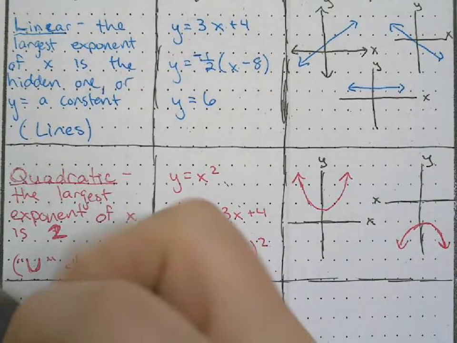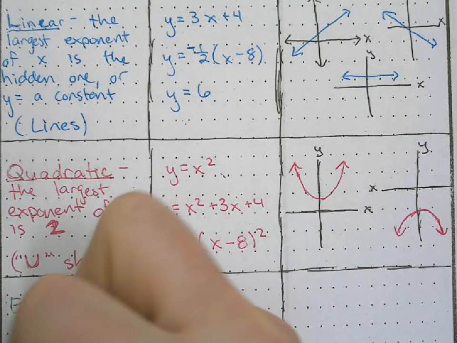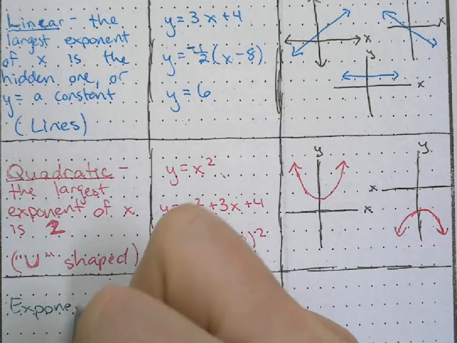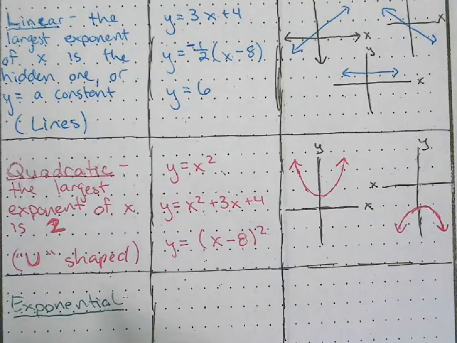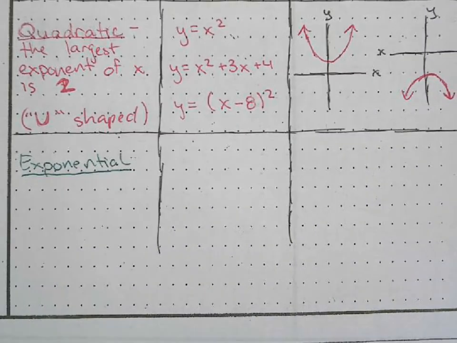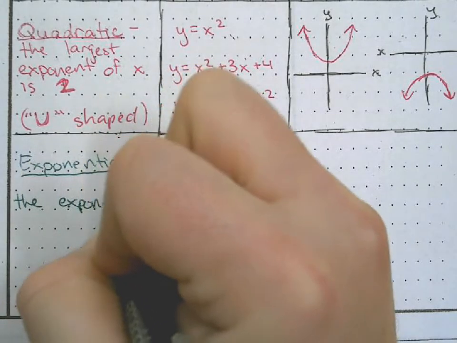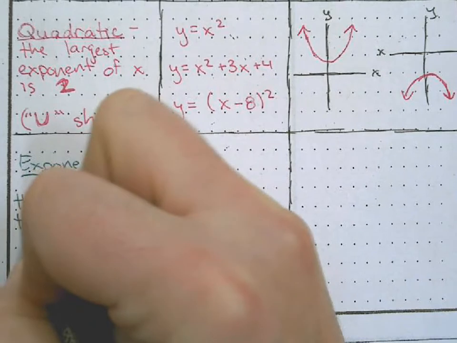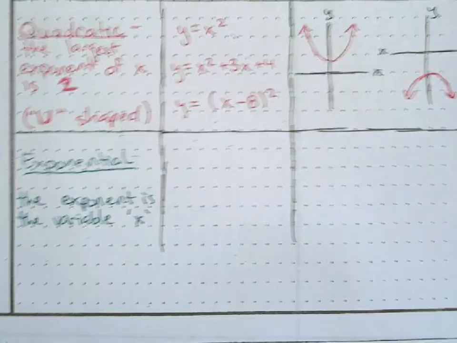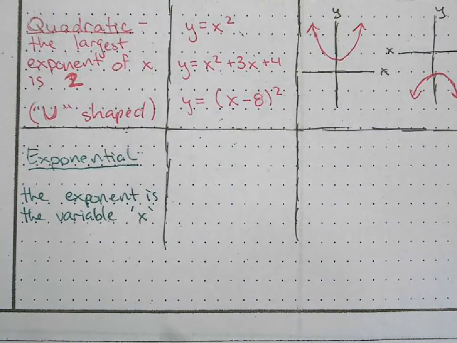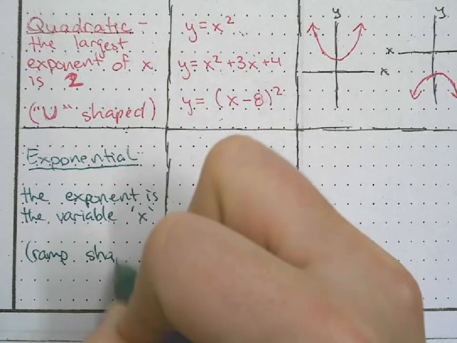Next we'll have exponential. In our exponential graphs, the exponent is the variable x. And these I consider to be ramp-shaped.